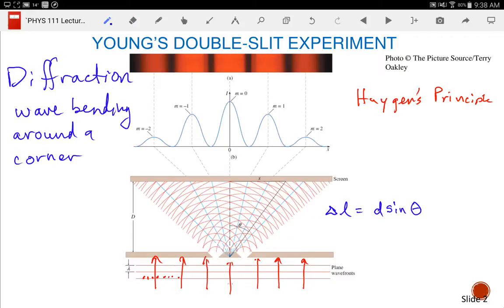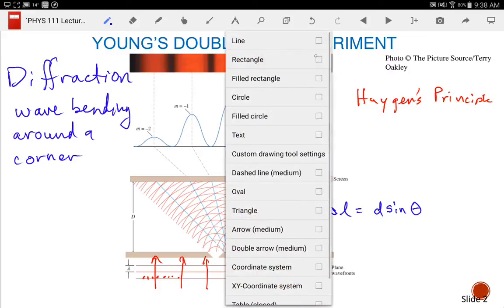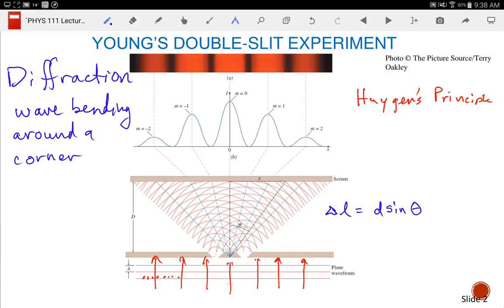where theta, I should have drawn it to, I'm going to erase these lines and draw them to the ones that show the angle theta. So you can see where the angle theta is defined. Does everybody see where the angle theta is defined? It might be hard to see. Here is theta, and it's going out to this black line. So I'm going to redraw that black line darker.